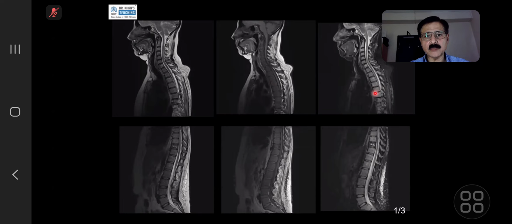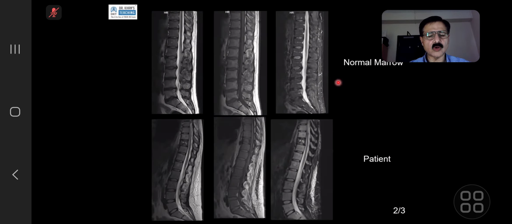And you have to develop your eyes on a normal scan. So let's see how a normal STIR looks. This is a normal patient. This is how a normal marrow is. It all depends on the age of the patient, and it all depends on the quantity of fatty marrow. But this is the fatty marrow, which is brighter as compared to the intervertebral disc on a T1.